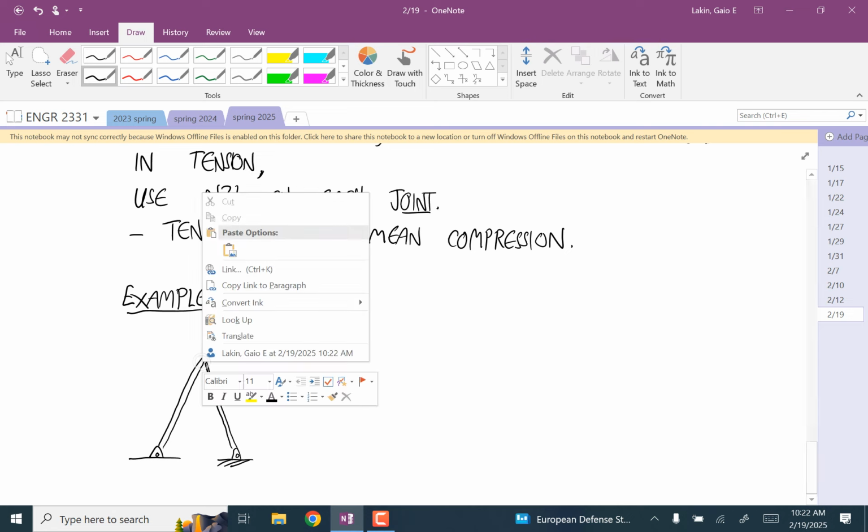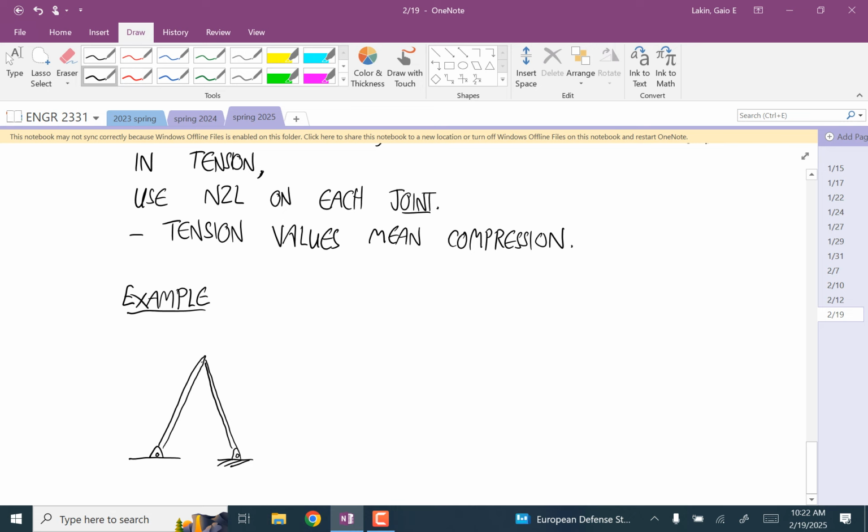And there's a pin joint connecting these two here. Let's say the lengths of each of them are 1 meter. Let's make this 70 degrees, 70 degrees. And it needs to be able to support a horizontal force of, let's say, 2,000 newtons.